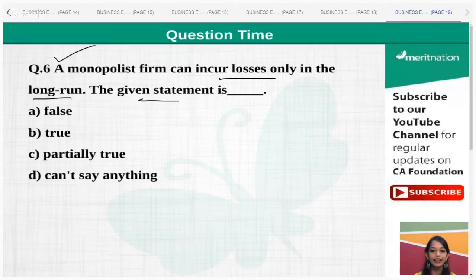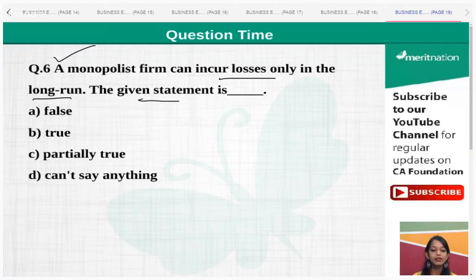Guys, okay. Now use logic. Everybody's saying true. Think again: if you are a monopolist, selling a good and you are the only person in the market, would you incur losses in the long run? Will you still produce if you are incurring losses in the long run? Long run is when you can change all the variable factors.